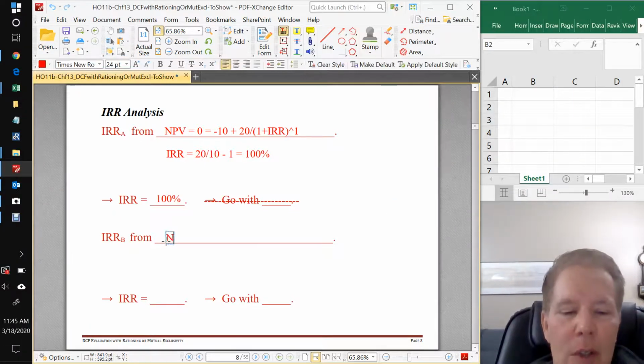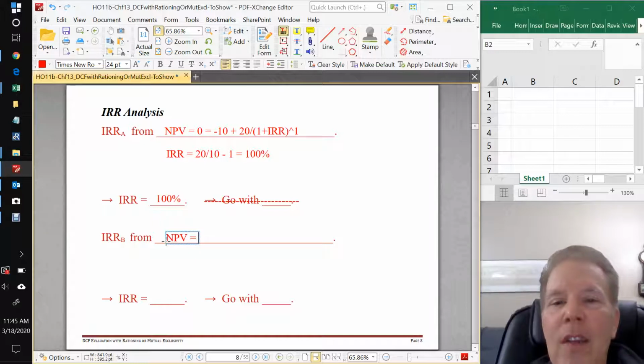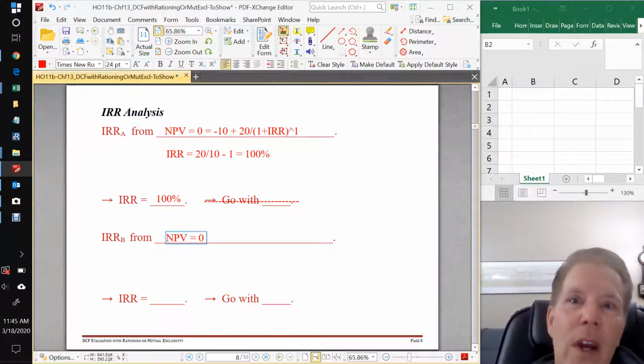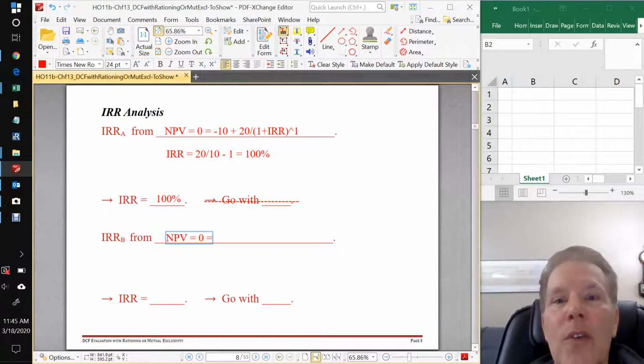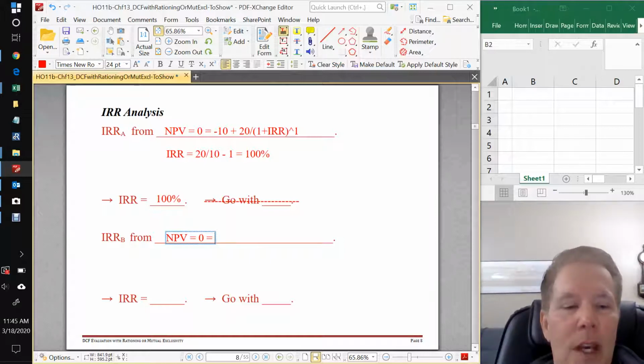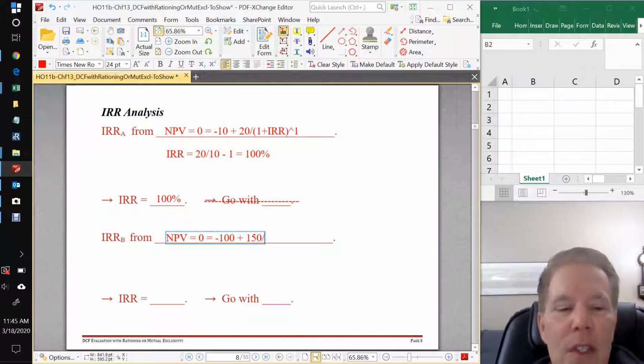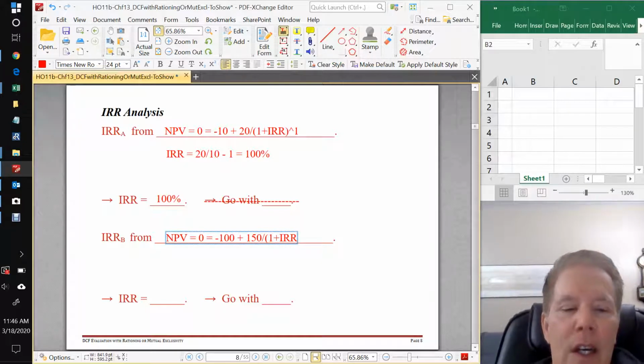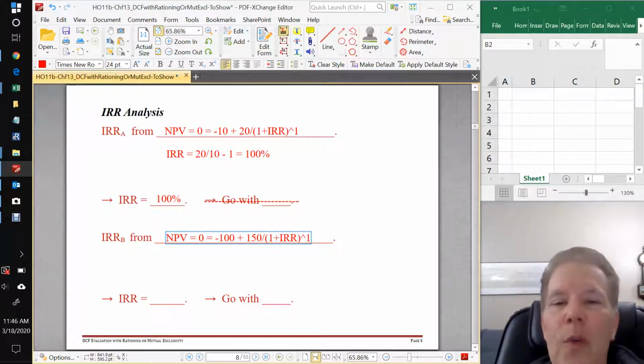Okay, so we do the same thing for B, right? To get the IRR, you just write the NPV equation, set it to 0, and solve for that IRR that makes it the truth, the whole truth, and nothing but the truth. So in this case, we have minus 100 plus our cash flow 1 is 150, and we divide that by 1 plus IRR raised to the 1 because it's a 1-year project.